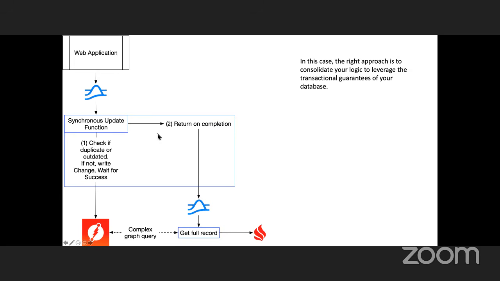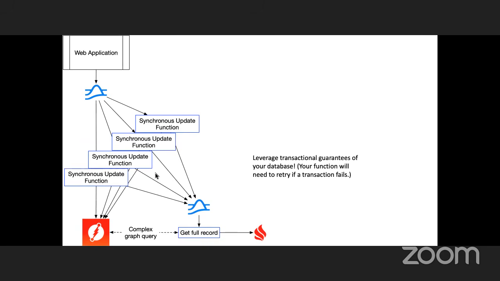And then in a Pulsar function, when you return, what that means is you're sending a message downstream, and in that case, you're getting the full record. And again, depending on the data flow and what you're looking at, there may be cases where you need to add this piece into the same function just to prevent other race conditions. But it does work.